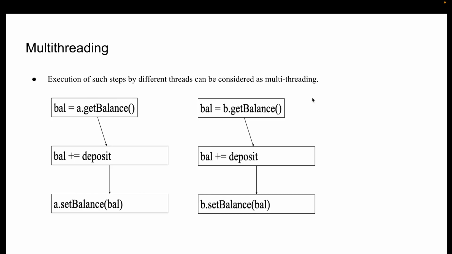And once thread A is done, and that particular thing is updated, thread B can now start fetching the balance or depositing a certain amount in the bank account. So these are some of the steps involved in multi-threading.